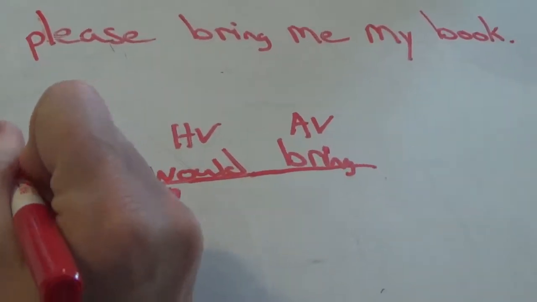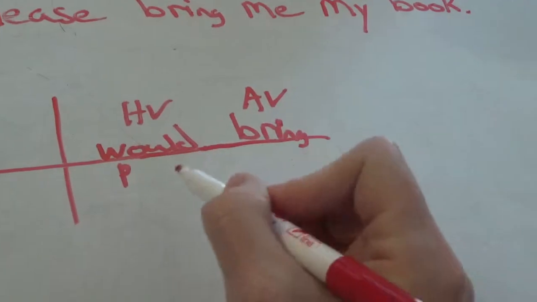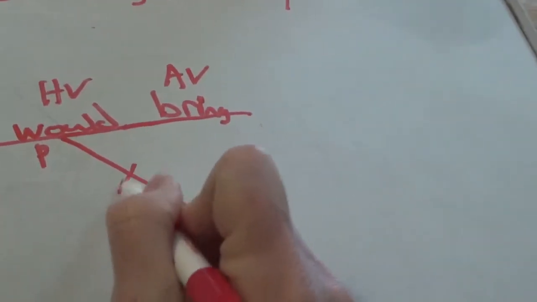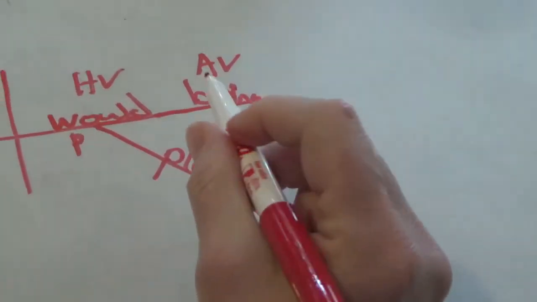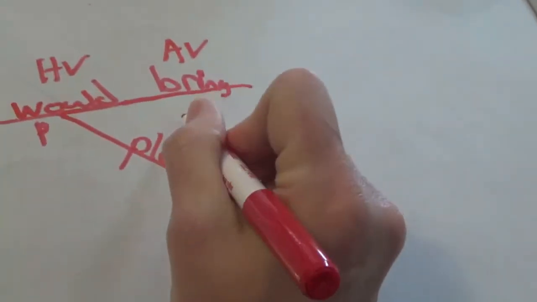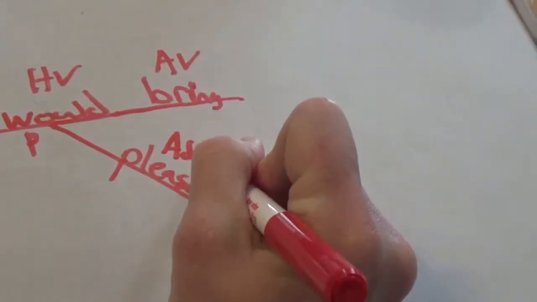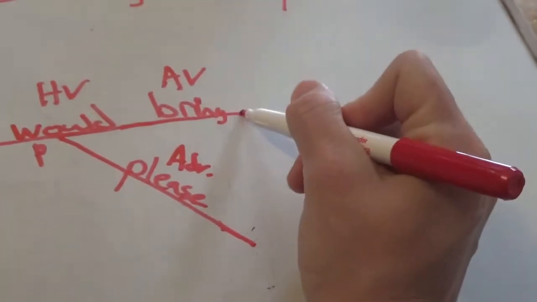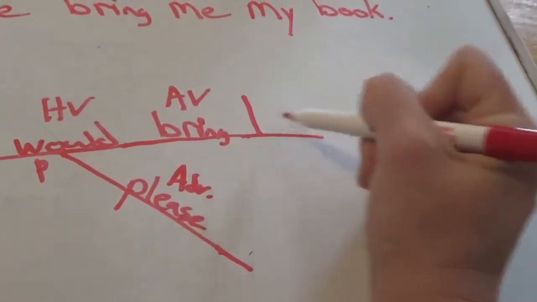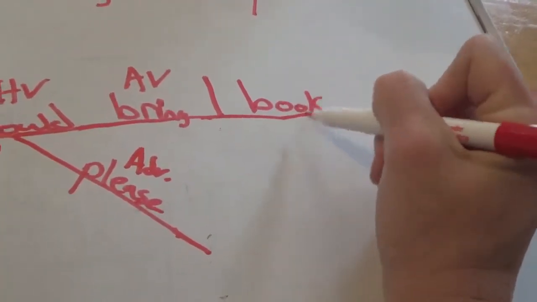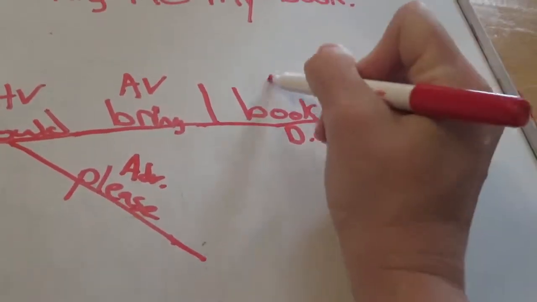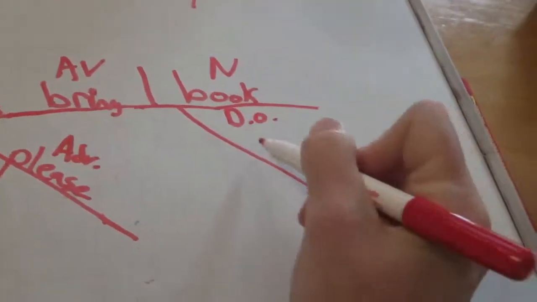You would bring, right? Please is always an adverb, unless you're using it as an action, like it would please me if you would do this. But please used in this way is always an adverb. And then bring what? Book is a direct object. It's a noun. Whose book?